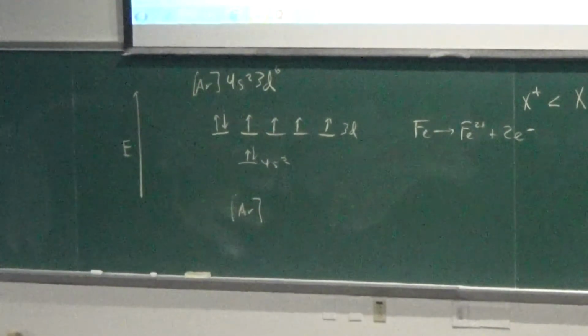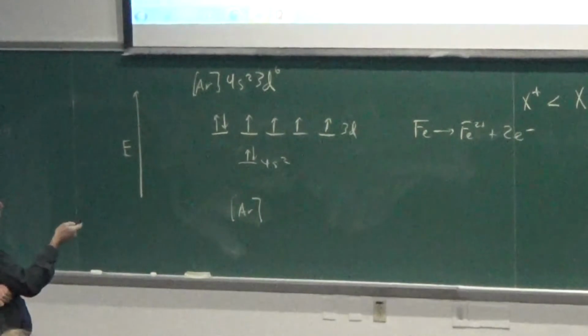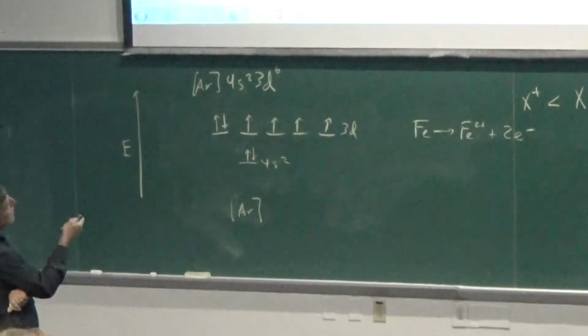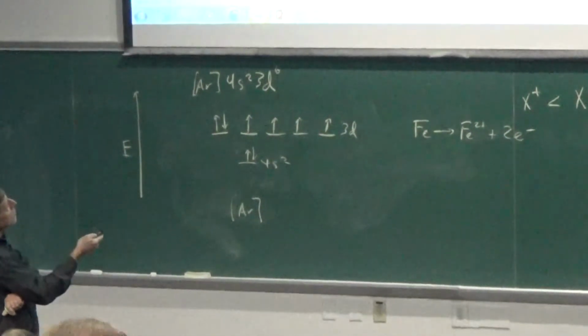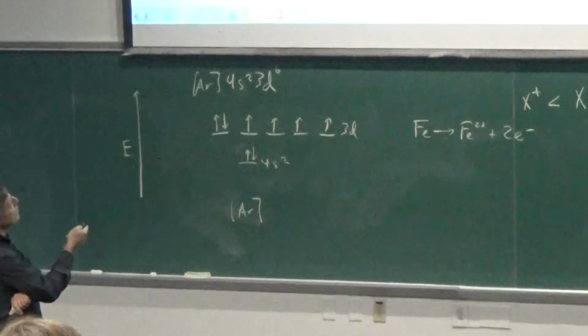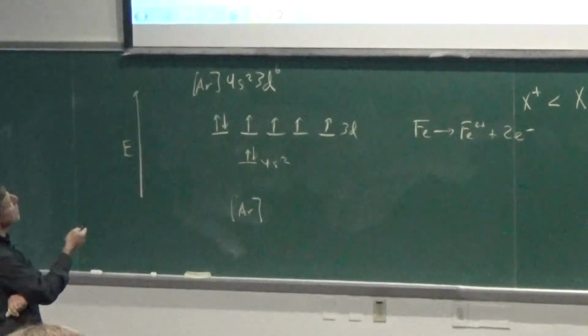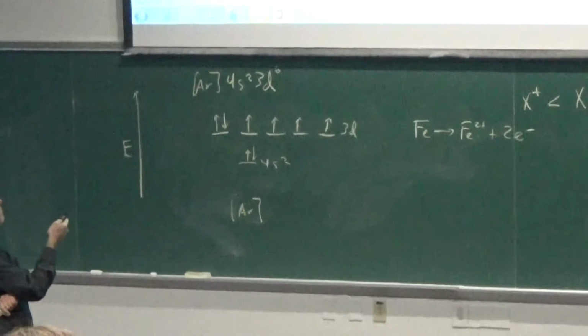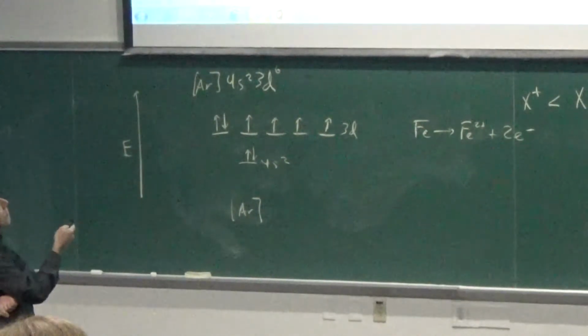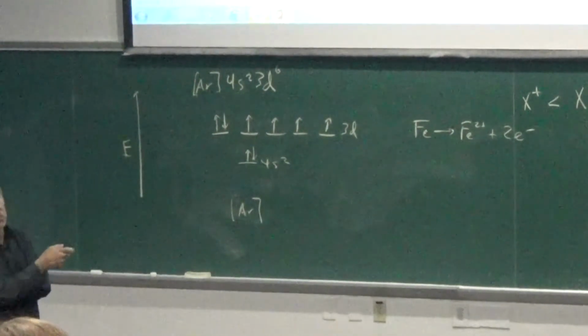So what happens here is shown in this picture right here. This blue line is the energy of the 4s electrons. And so what you'll see is when you're here at atomic number 1, which is hydrogen, in the hydrogen atom, the 4s orbitals are higher in energy than the 3d orbitals, which is the green one.